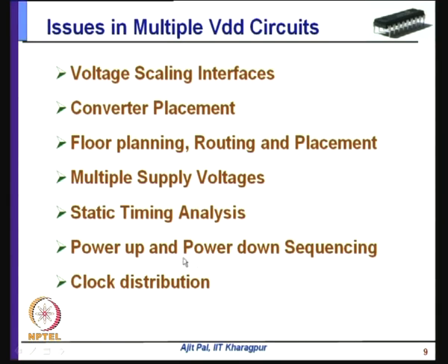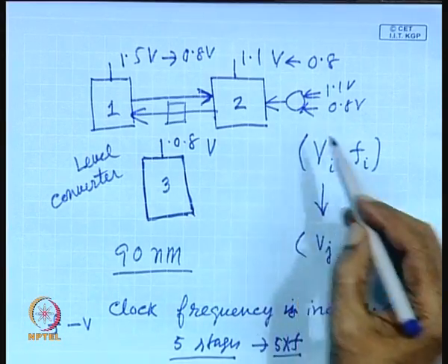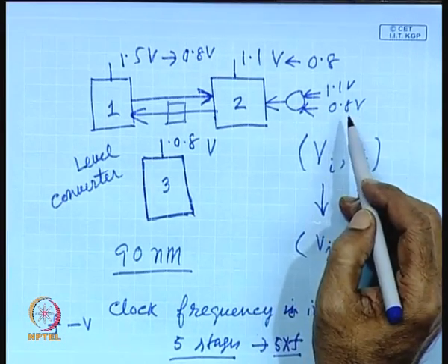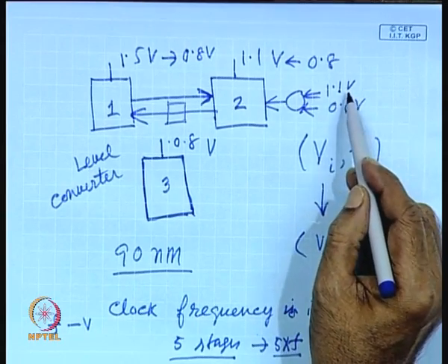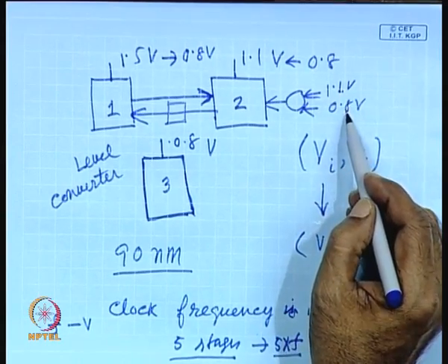Then power up and power down sequencing is also very important, because of the order in which powering up and powering down occurs. Sometimes, as I have mentioned, you will be switching from say 0.8 to 1.1 or you will be switching down from 1.1 to 0.8.